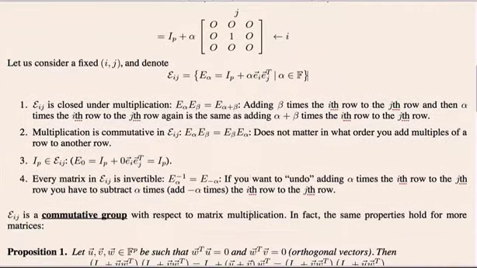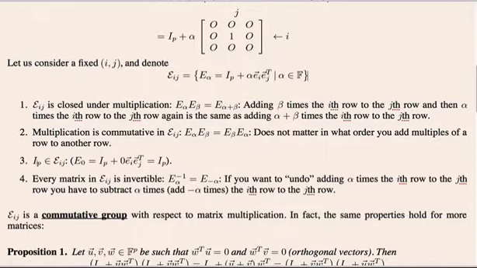This multiplication is also commutative. It doesn't matter, again, in what order you add multiples of a row to another row. But we could also try to check this from the definition of the matrices. It's just much easier to understand it using the idea that these are all just additions of one multiple of one row to another row.